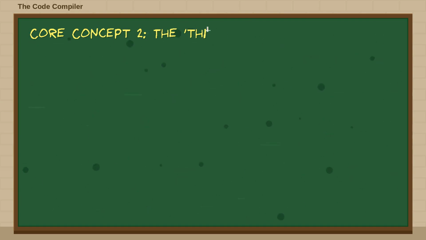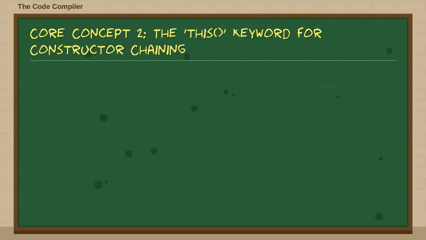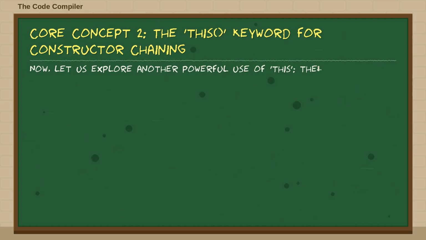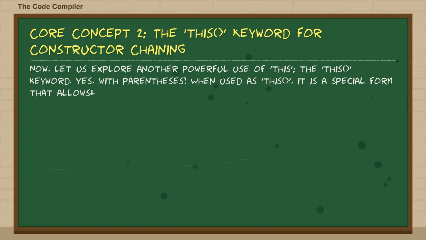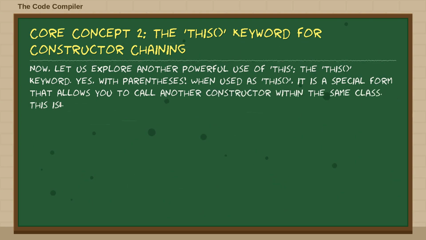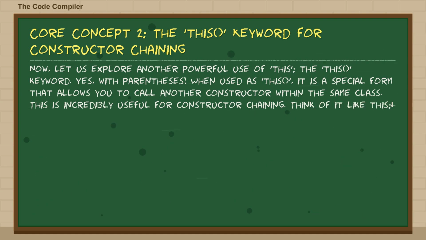Now, let us explore another powerful use of this, the this() keyword. Yes, with parentheses. When used as this(), it is a special form that allows you to call another constructor within the same class. This is incredibly useful for constructor chaining.